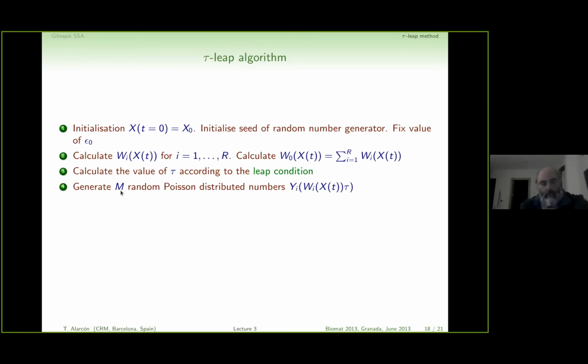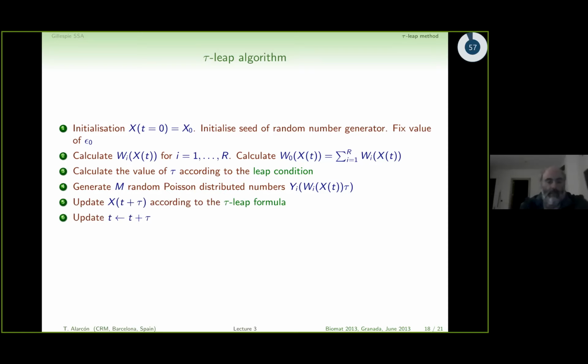We generate R random Poisson distributed numbers, using a Poisson distribution with this parameter here, because now we already have tau, so we can sample this distribution.